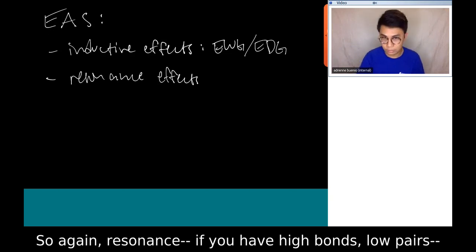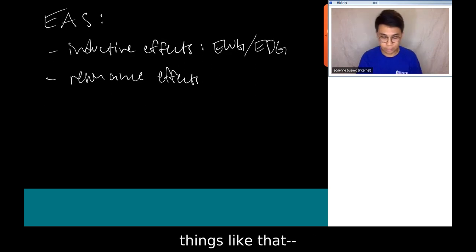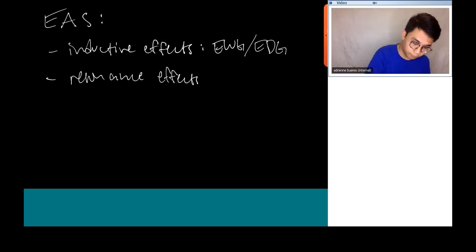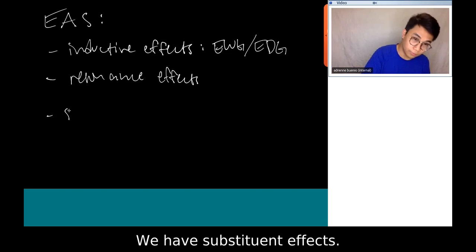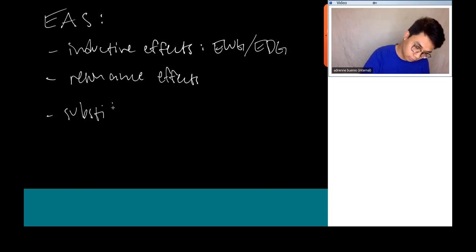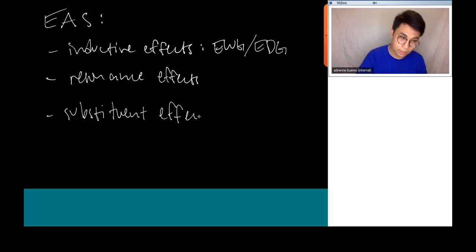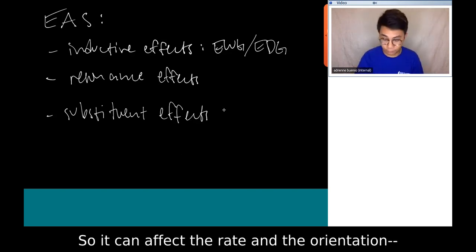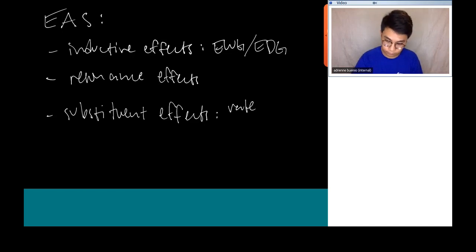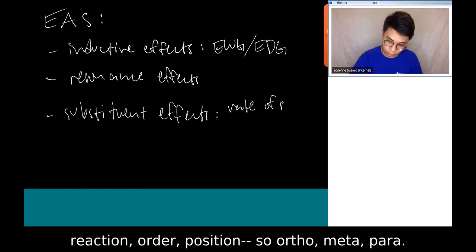So again, resonance: if you have pi bonds, lone pairs, charges. We have substituent effects, so it can affect the rate and the orientation or the position: ortho, meta, para, right?